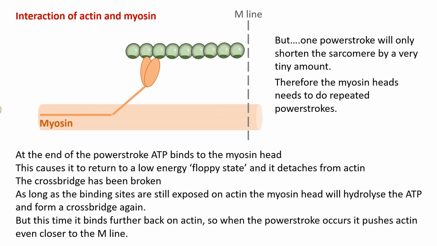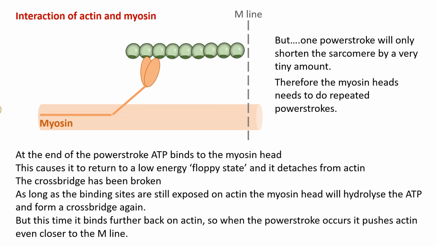So when the power stroke occurs this time, actin is going to get even closer to the M line. So ADP and P come off, we have our second power stroke, actin is moved a bit closer to the M line, and we can carry this on. ATP will come in, bind to the myosin head, put it in a low energy state.